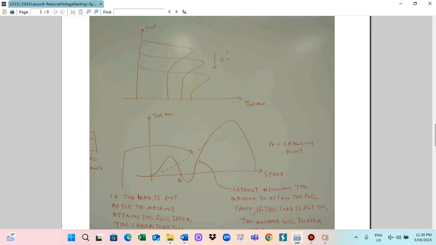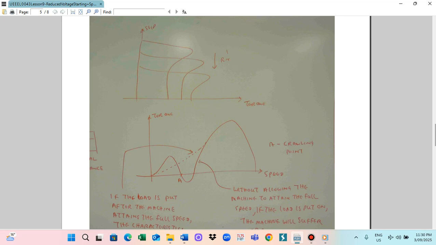So this is the torque and slip characteristic of the machine. When the rotor resistance R2 decreases, we can also follow the slip characteristic this way. So this is the torque and slip characteristic.